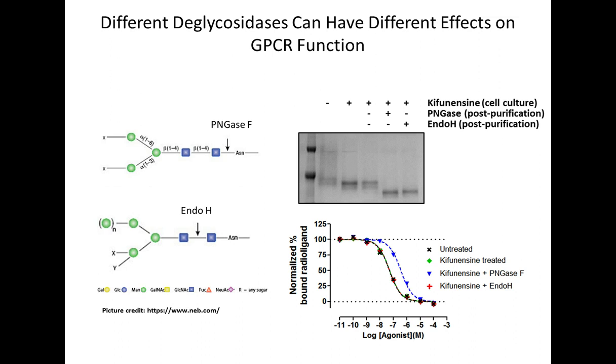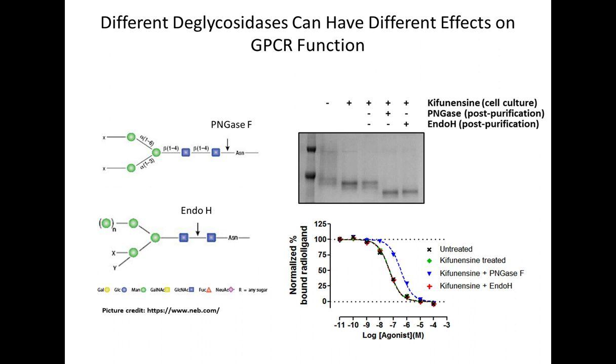So another thing to note, this is kind of a word to the wise, is that different deglycosylation methods can actually have different impacts on the functionality of G protein coupled receptors. I mentioned that there are a couple of different enzymes that can be used to finish removing glycans from GPCRs with restricted glycosylation.